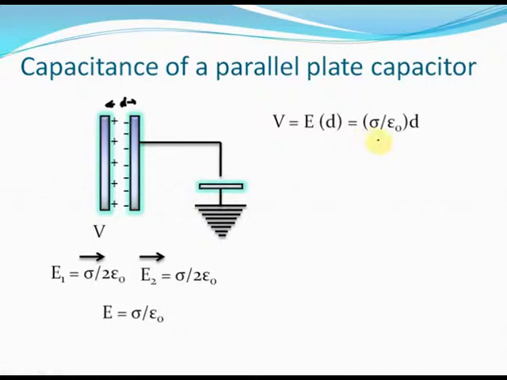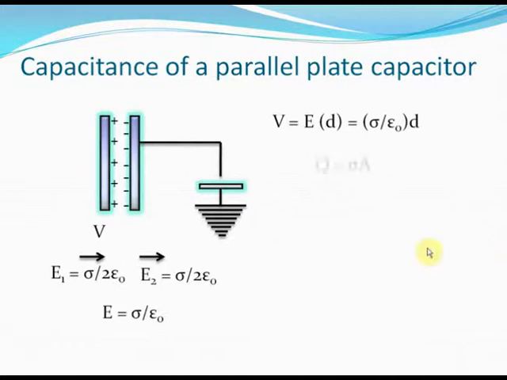And therefore you can say that the net electric potential difference between the two plates when you give a charge plus Q to one of the plates is sigma by epsilon naught into d. Therefore the net capacitance of this parallel plate capacitor will clearly be Q, the charge that you have provided to the capacitor, divided by sigma by epsilon naught into d, isn't it?